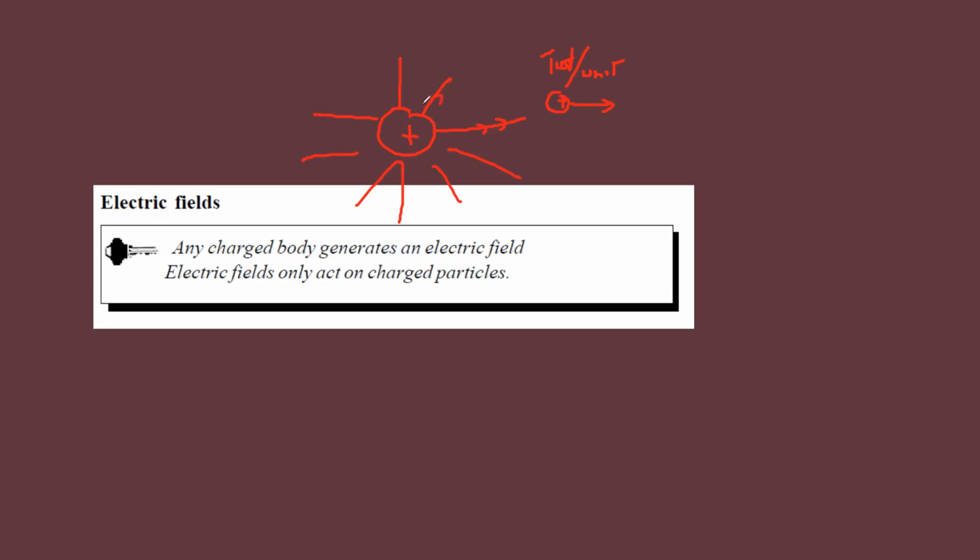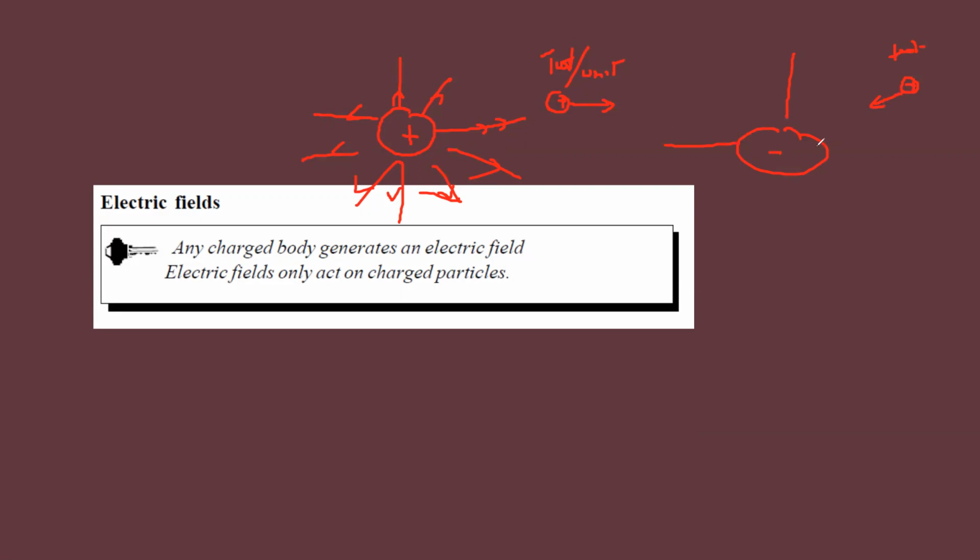And the lines which represent the direction of the electric field, the lines which show the direction of the force, are referred to as electric field lines. Same thing, if we have a negative charge and we place a test positive charge here, a small positive, which direction does this test positive charge tend to move? It tends to move towards the negative.